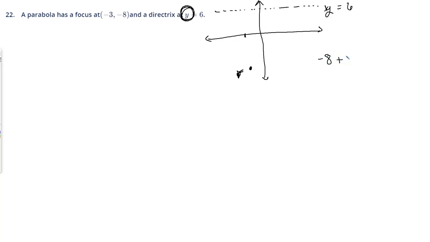So -8 plus 6 is going to be -2. -2 divided by 2 gives me -1. So -1 comma -8 is my vertex.